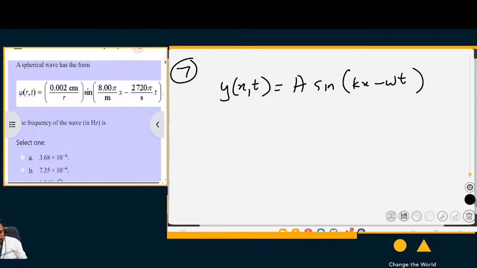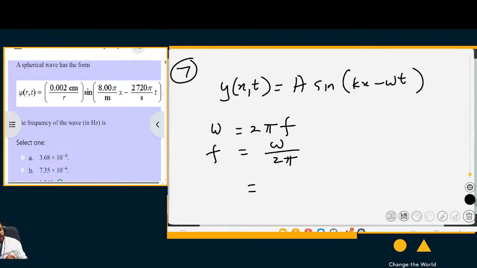Now we know that angular frequency is equal to 2 pi times the linear frequency. But we have been given the angular frequency. It is the value just before t, the value attached to the time. So, rewriting this, the frequency is equal to the angular frequency divided by 2 pi.